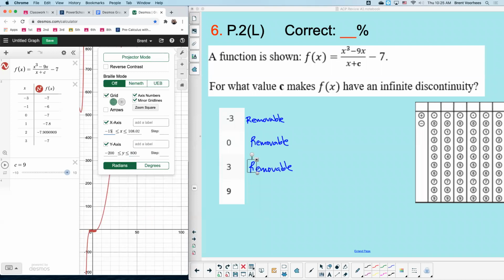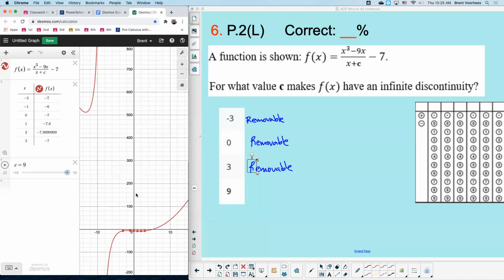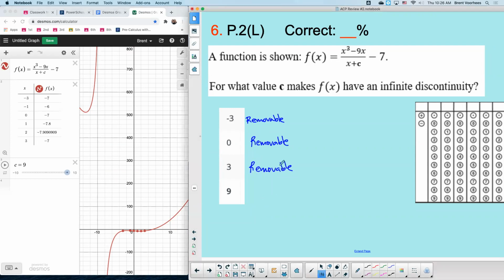Since I'm looking at 9, I'm going to just go -15 to 15. There we go. As you can see, when I zoom this out, this graph is totally different at 9. You see how it's broken apart in two separate pieces? That's an infinite discontinuity. So 9 is the correct answer here.